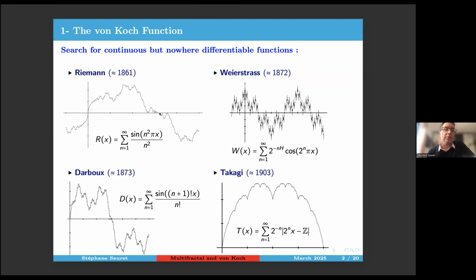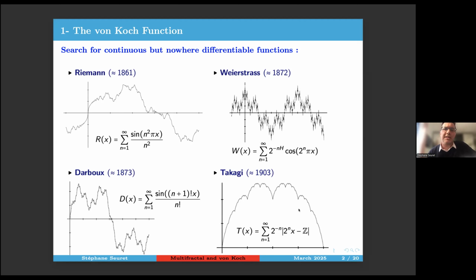But actually, you all know that this series, the one with the sine of n squared divided by n squared, is not differentiable at a countable number of rational numbers. Then Weierstrass proposed his Fourier series, his famous example of a continuous nowhere differentiable function. Then Darboux gave another example, and Takagi also gave an example.